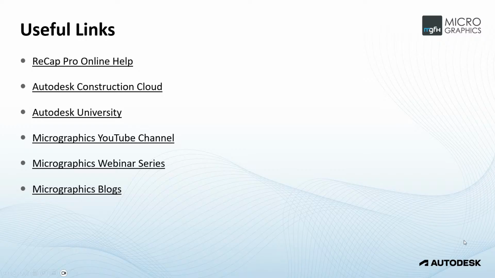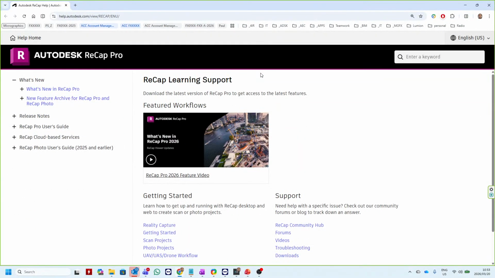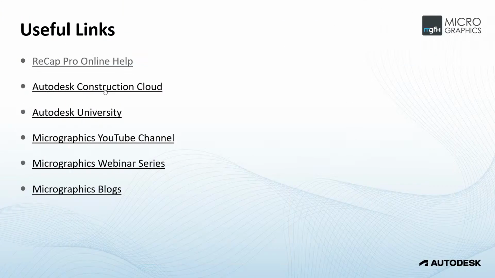Just some other links that you can maybe have a look into. There's the Recap Pro online help. If any of you actually want to have a look at that, there's a lot of help about how you get started, how you set up everything, from scans to registration, all that. There is the Autodesk Construction Cloud if you want.